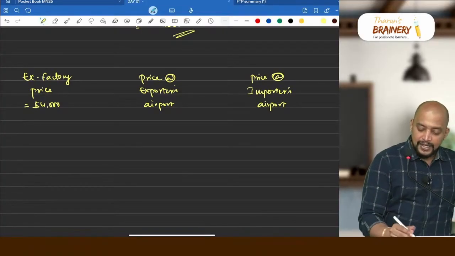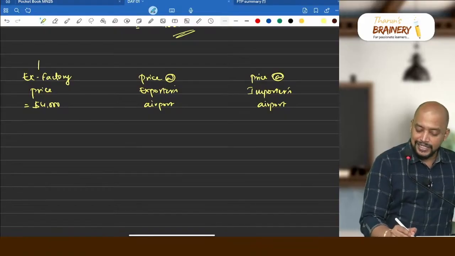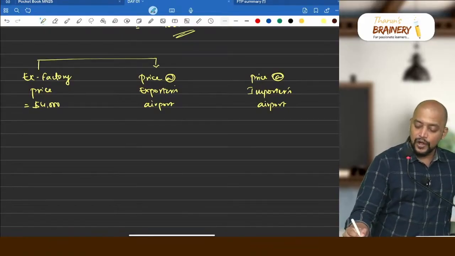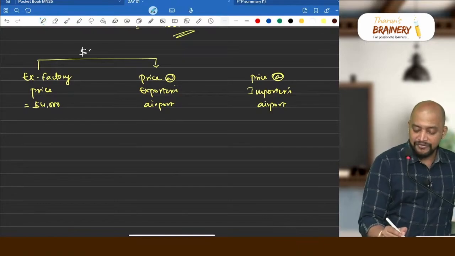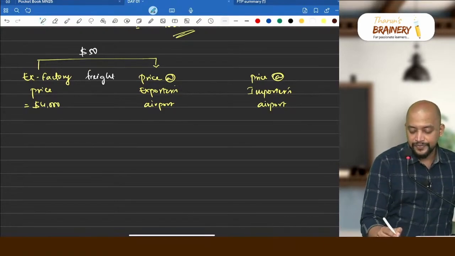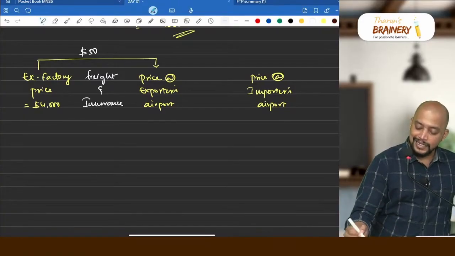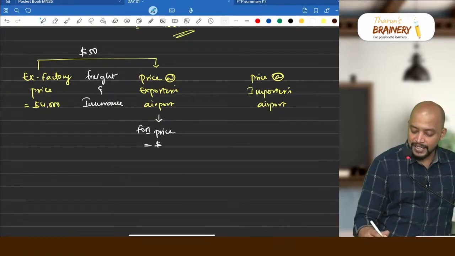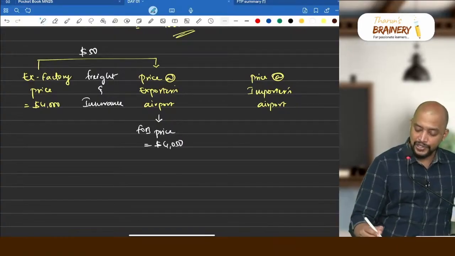Now ex factory price 4000 is given. From this place to this place we have some $50 as usual as freight and insurance, and therefore the price at exporter's airport is known as the FOB price. That FOB price is 4050, no change.